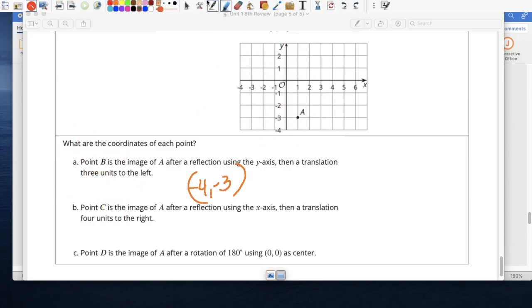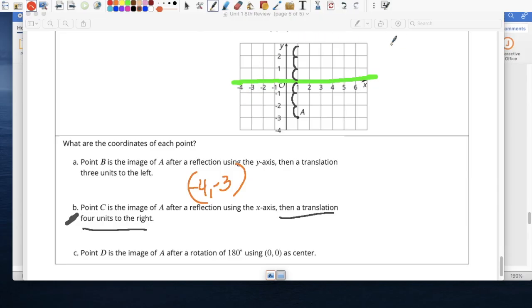Now I'm going to do this one, B. Okay, so B is take point A, reflect it over the x-axis. Now this is the x-axis. Reflect it over the other side. So how many units is that? 1, 2, 3. On the other side, it's going to be 1, 2, 3. And then a translation of 4 to the right.